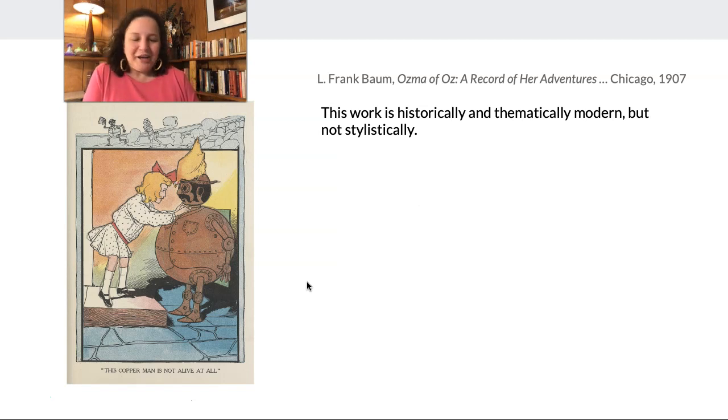So in this period of time, you start to see people get excited about technology in ways that they never were before. What we're looking at now is an illustration from Ozma of Oz. It's basically a comic book, a graphic novel, written by the guy who also wrote The Wizard of Oz.